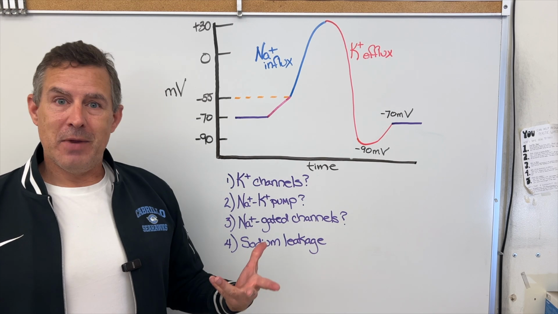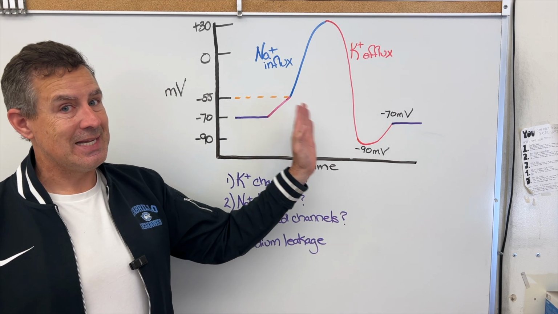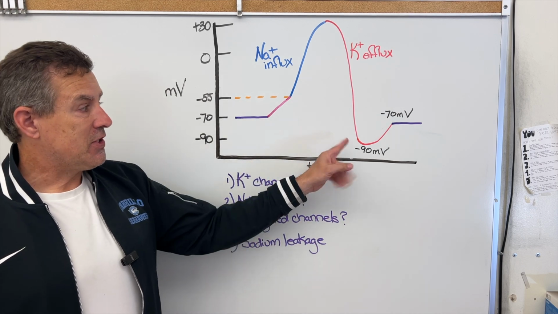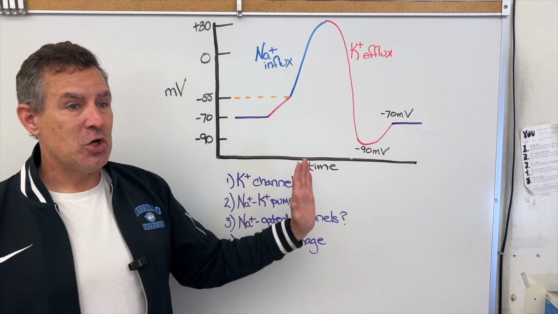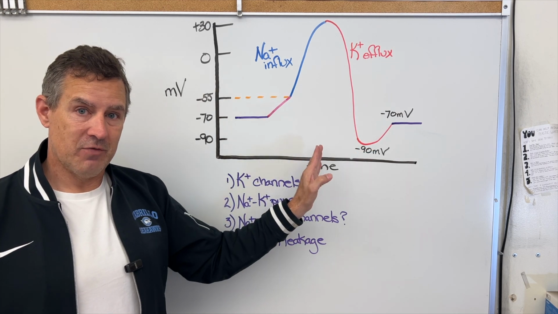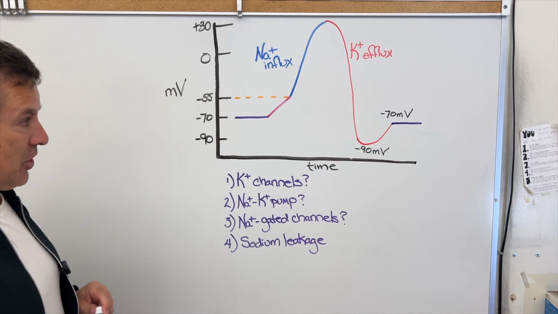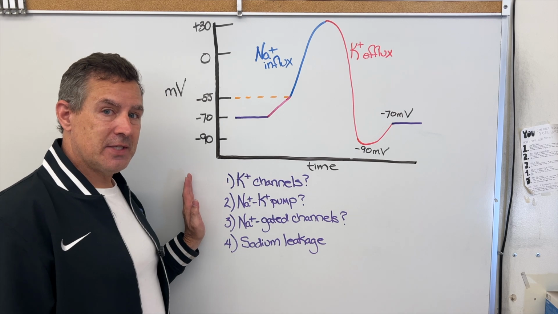Now that really may not make any sense because negative 70 certainly is not positive, but it's certainly less negative. So some positive charge needs to be added to this cell to bring it from negative 90 to negative 70. So let's take a look at options of how this happens.